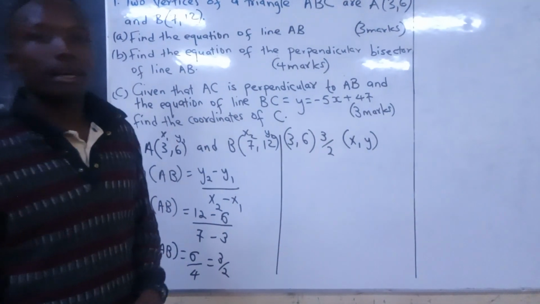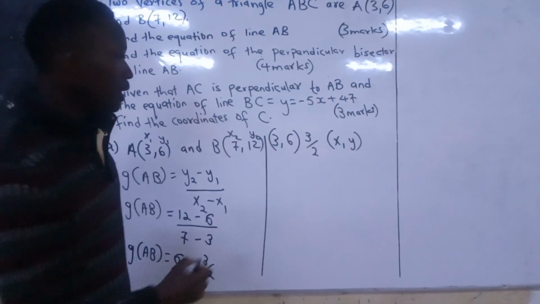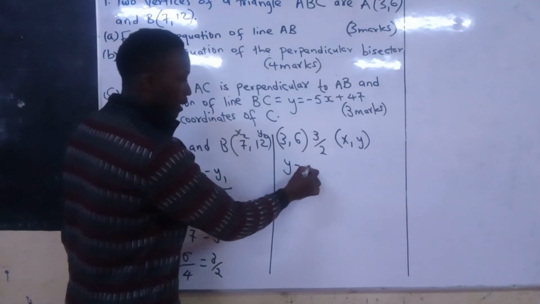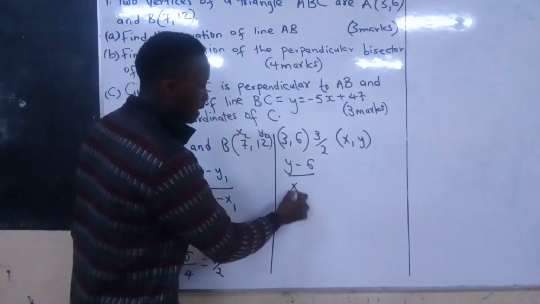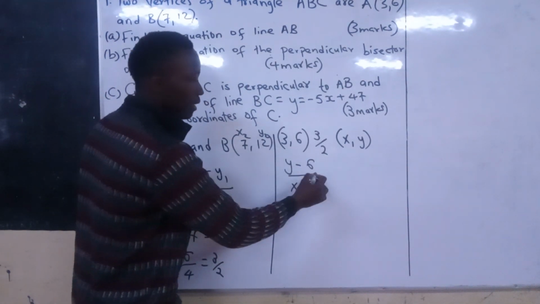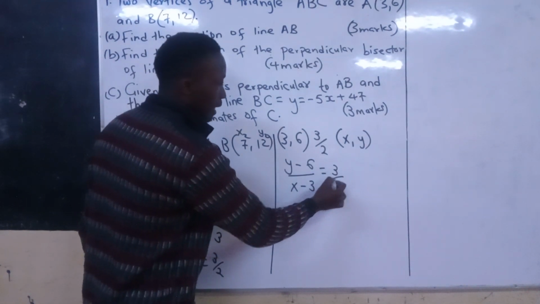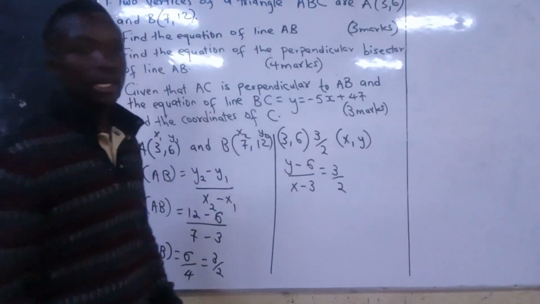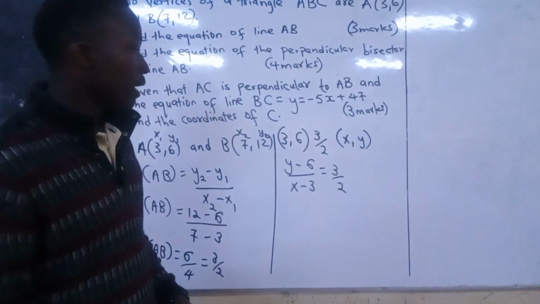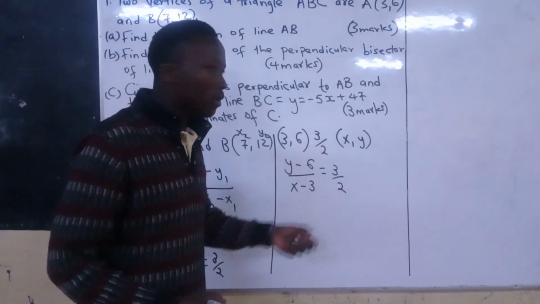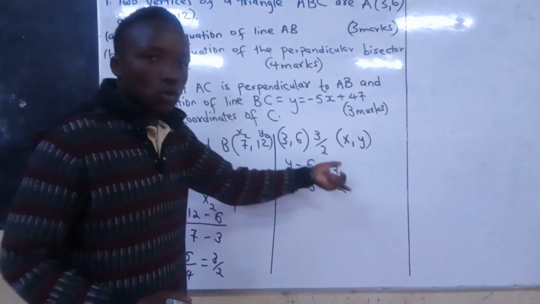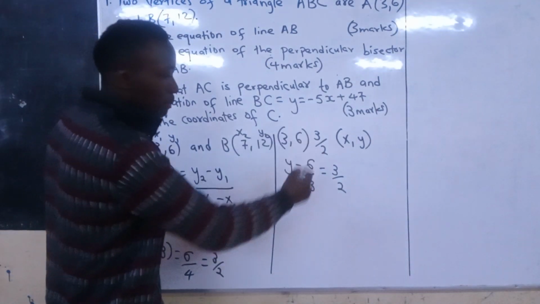To determine the equation of the line, we have the change in y, that is y minus 6, over the change in x, that is x minus 3, equal to the gradient, which is 3 over 2. Having that, we can now cross multiply. When we have an equal sign, we cross multiply.